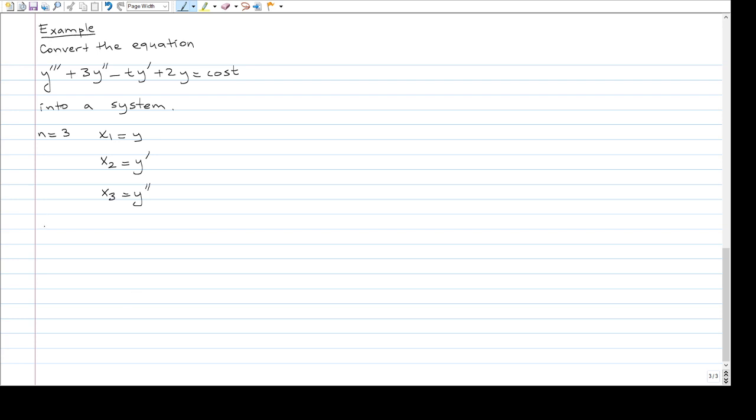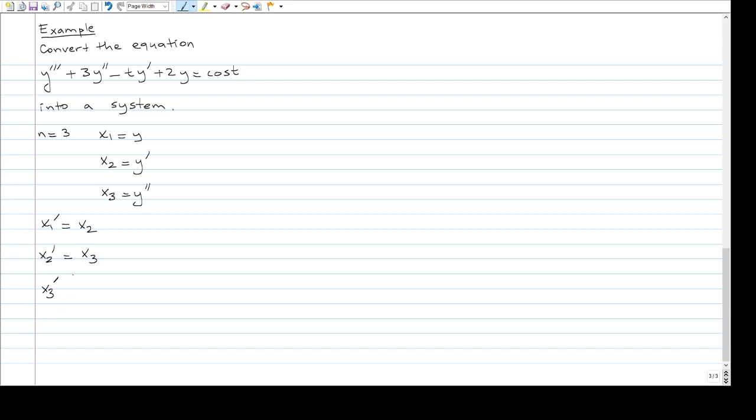So if I take x1 prime, that's derivative of y, which is x2. If I take x2 prime, that's derivative of y prime, which is y double prime, which is x3.